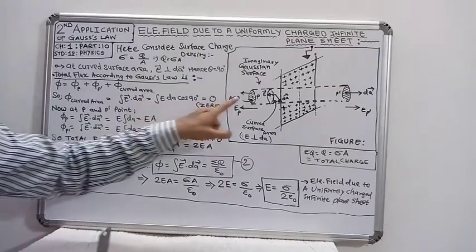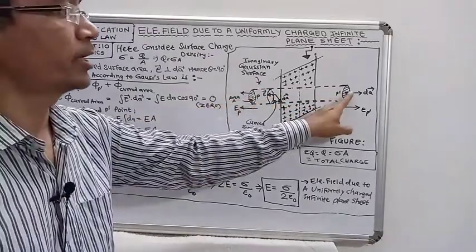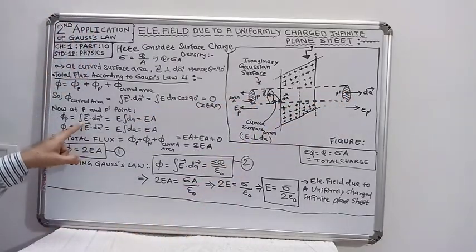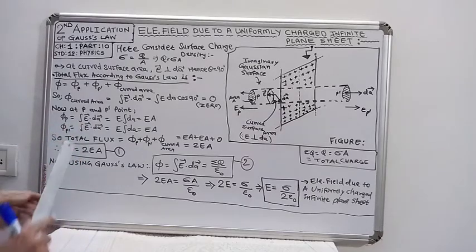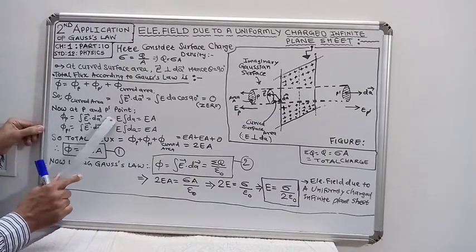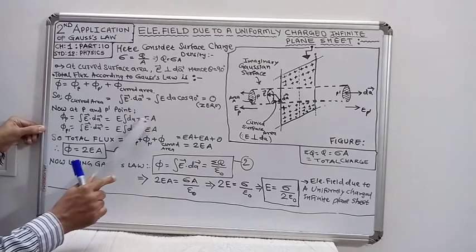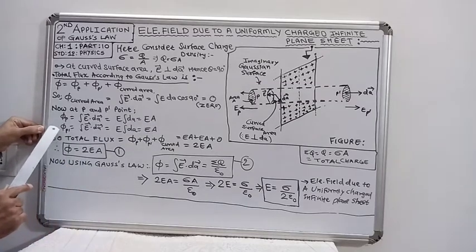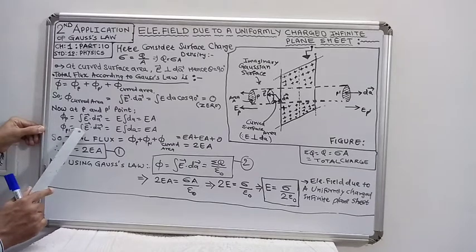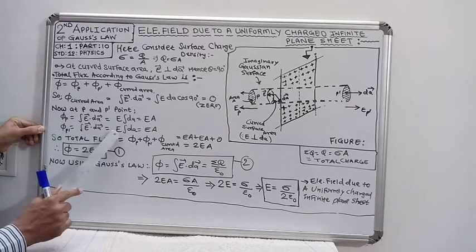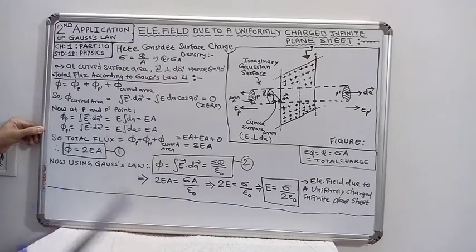Now the flux coming out from the point P is given by integration E dot dA, which is equal to E integration dA, equal to EA. In the same way at the point P dash, flux phi P dash is equal to integration E dot dA, equal to E integration dA, equal to EA.